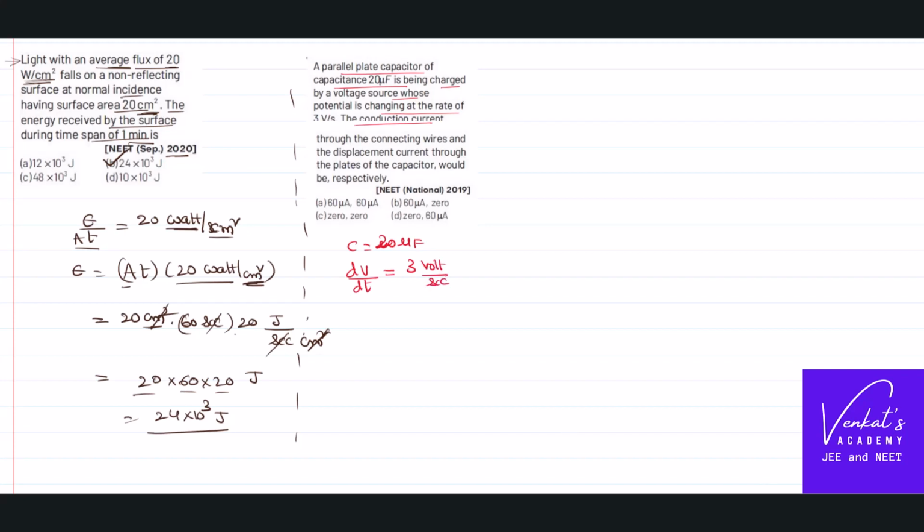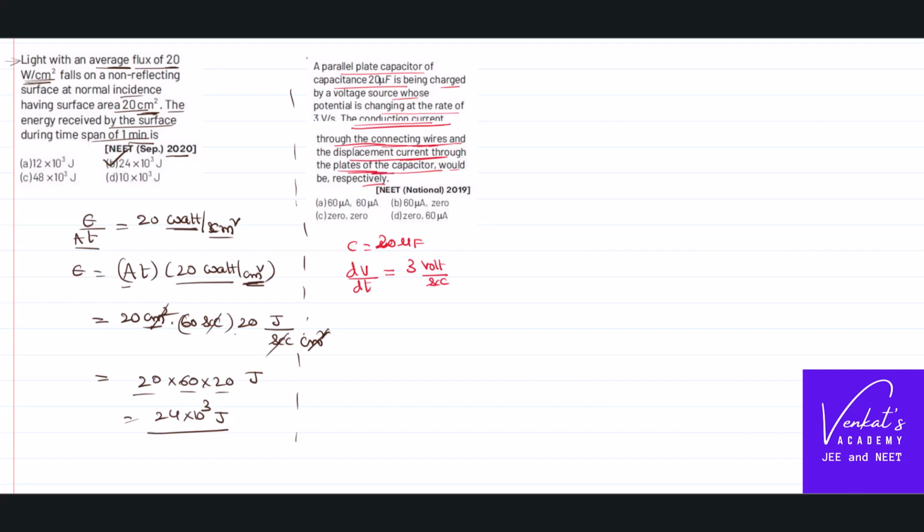Through a connecting wire, he wants the ratio of the conduction current through the connecting wires to the displacement current through the plates of the capacitor.